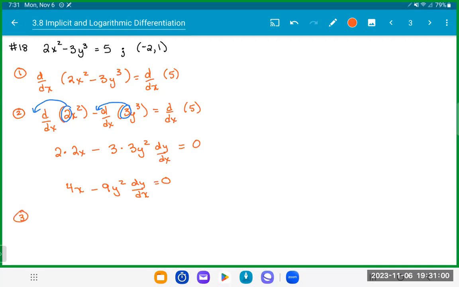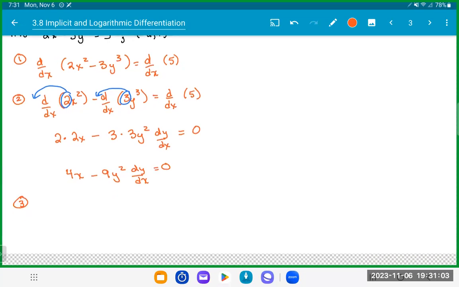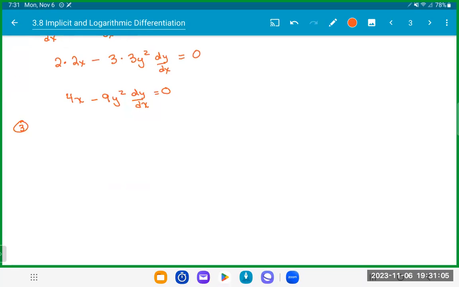Step number 3, we're going to isolate. So to isolate, we can subtract 4x from both sides. That gives me negative 9y squared dy dx equals negative 4x.